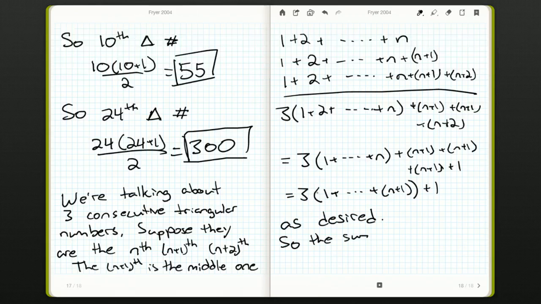The sum of 3 consecutive triangular numbers is 3 times the middle one plus 1.